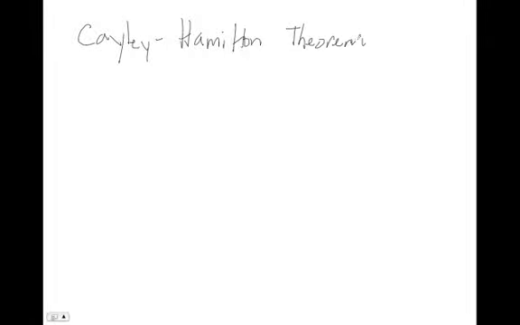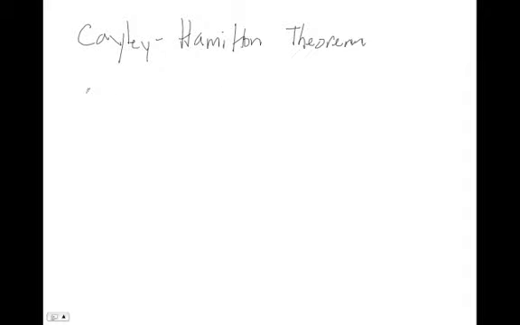So there's an interesting thing we can do for square matrices too, a really powerful theorem to use when you're trying to prove different properties mathematically, and it's called the Cayley-Hamilton theorem. And the Cayley-Hamilton theorem looks like this.